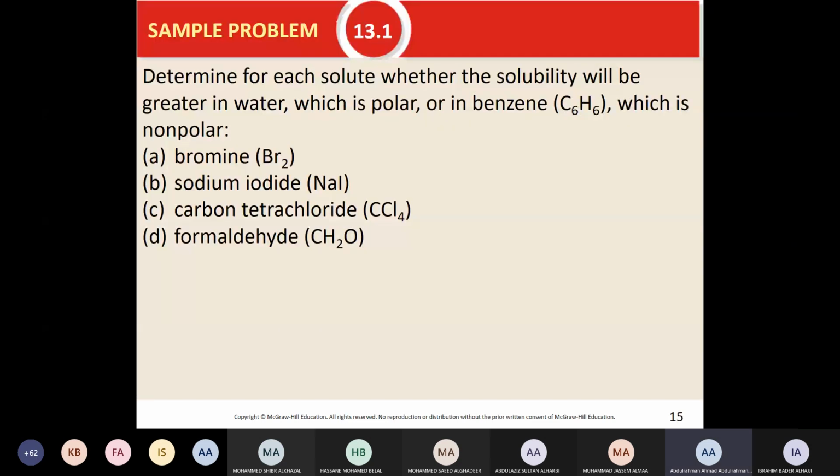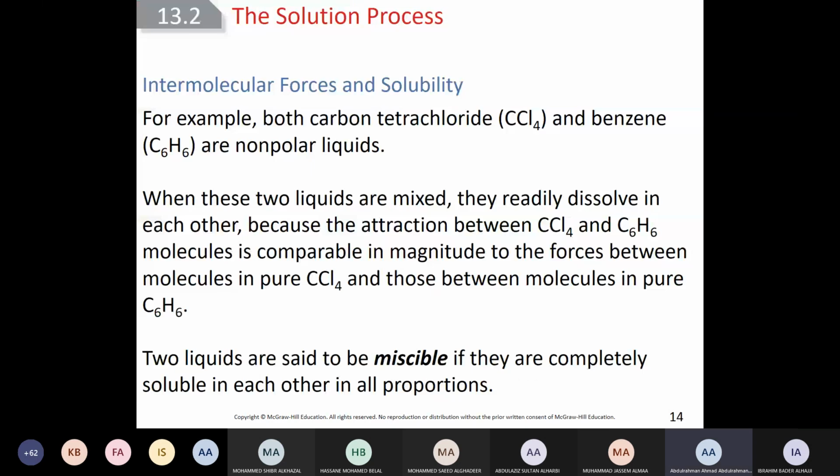Okay. Now, another thing to talk about, which is a concept I want you to know very well. There is a concept called like dissolve like. Okay, I want you to read this sentence. Like dissolve like.